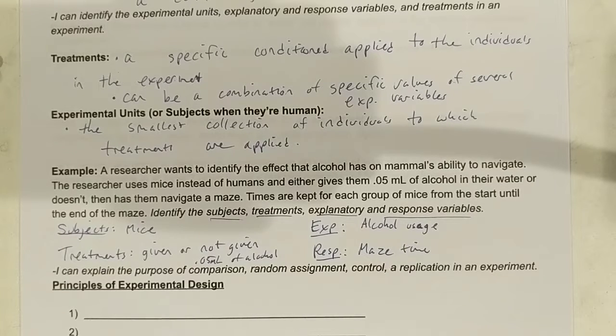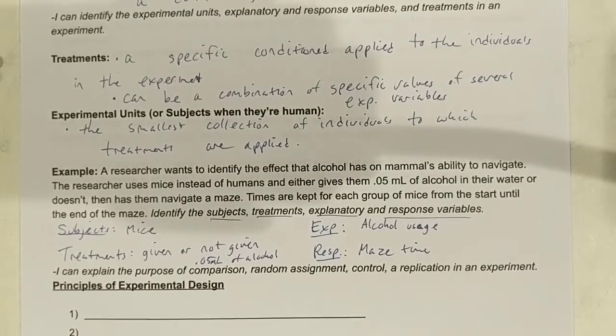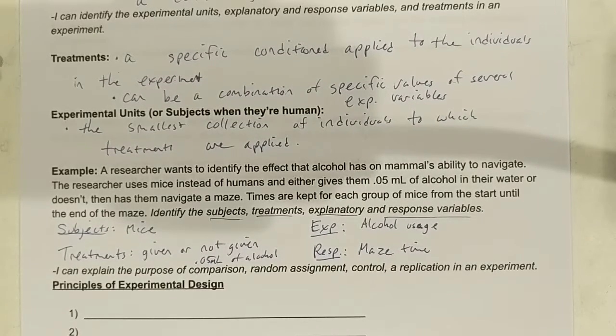And what that does is it actually allows for confounding variables to get in there and mess with your results. So they are significantly weaker in trying to determine cause and effect relationships, but they should exist and do exist because you simply can't do certain experiments on humans or even other animals. It's inhumane or unethical to do. So they must exist for those reasons, but they are weaker with cause and effect relationships.